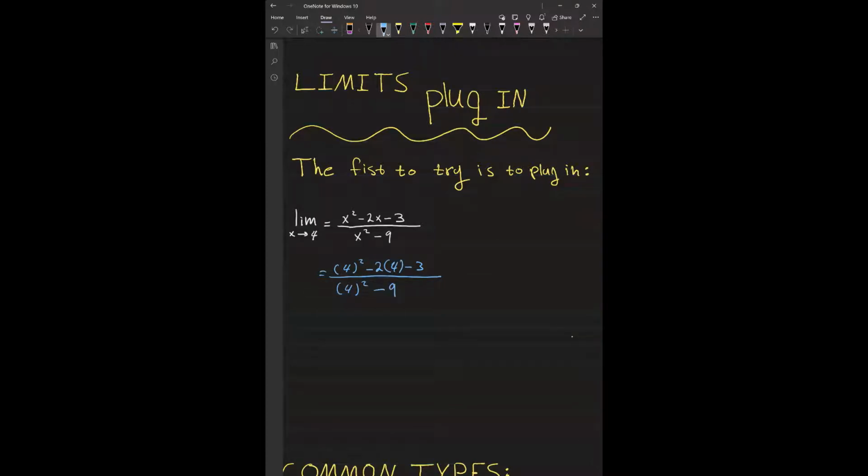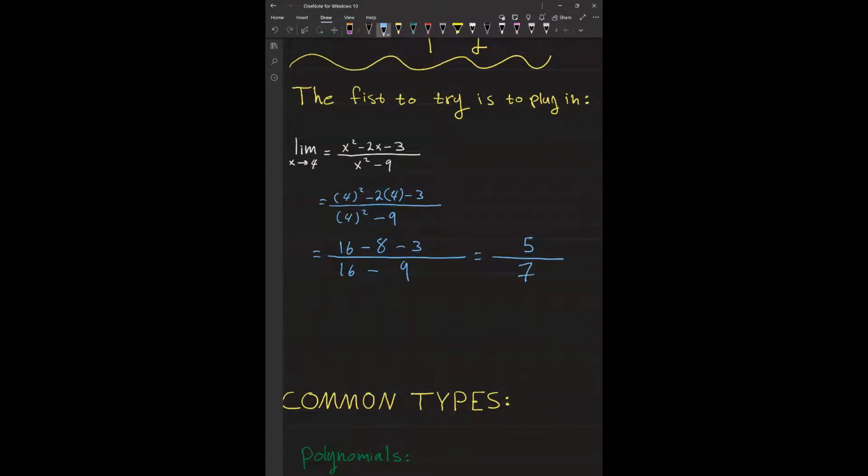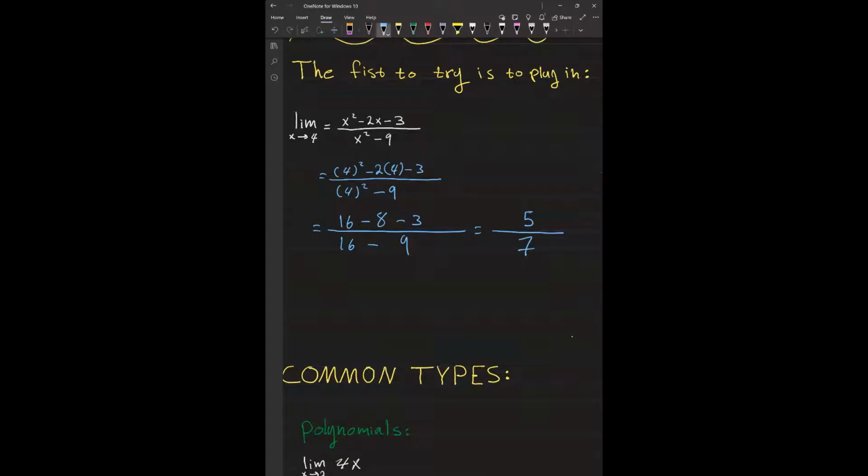That equals 4 squared is 16, minus 2 times 4 is 8, minus 3, over 16 minus 9. 16 minus 8 is 8, 8 minus 3 is 5. Then 16 minus 9 is 7. And that is it. You got 5/7.